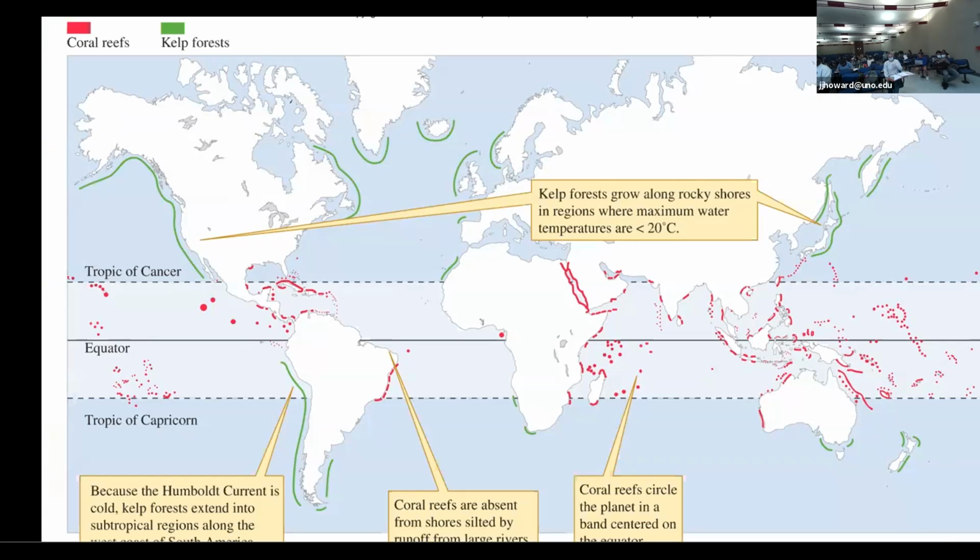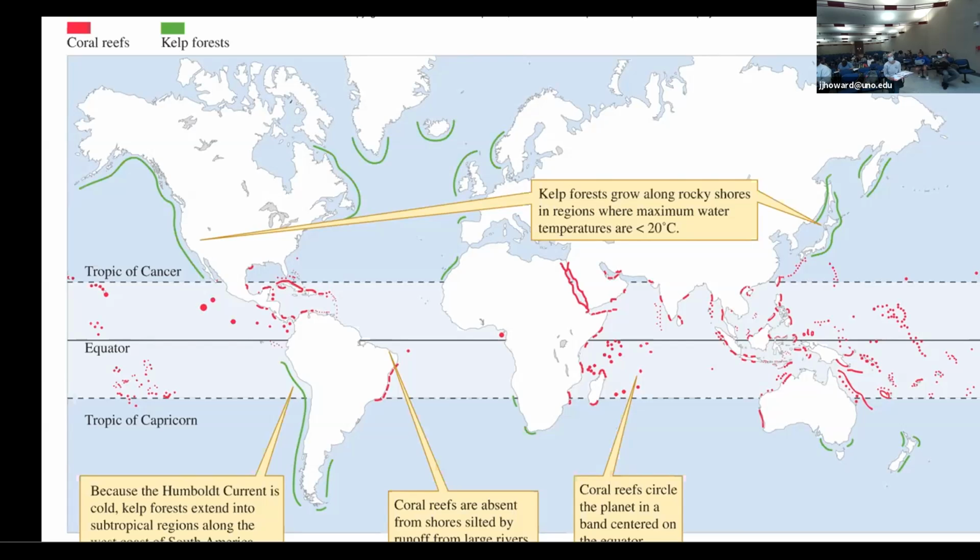And it goes on because of two habitats, again, a warm water analog and a cold water analog. In cold water, you get kelp forests along these coastlines. So the neritic habitat in cold water is generally a kelp forest. That is where ocean waters are generally under 20 degrees centigrade.